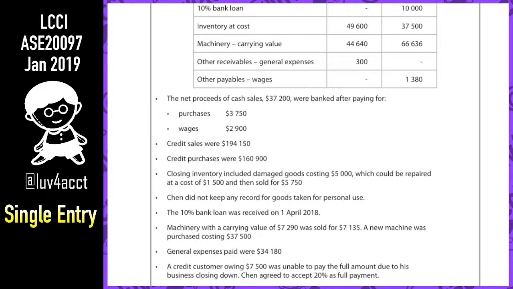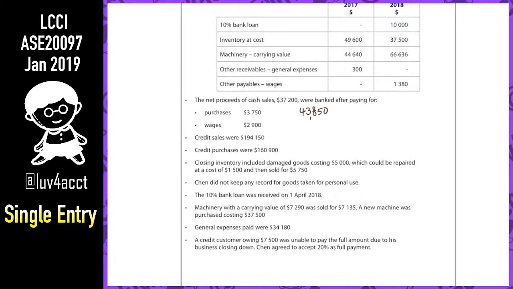So we have to add the two to find cash purchases. 37200 plus 2900 will give a total cash sales of this. Let me calculate again to make sure my calculations are correct. Yes. Credit sales given to you, credit purchases given to you, directly.